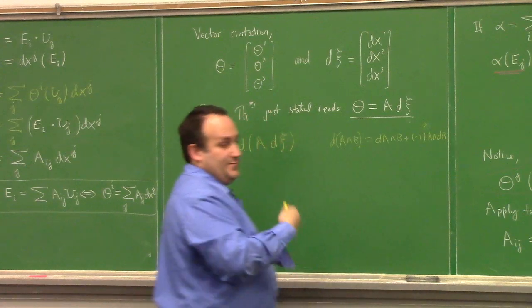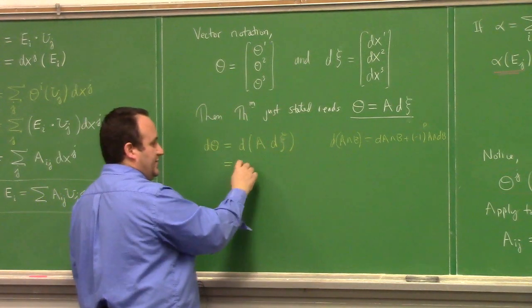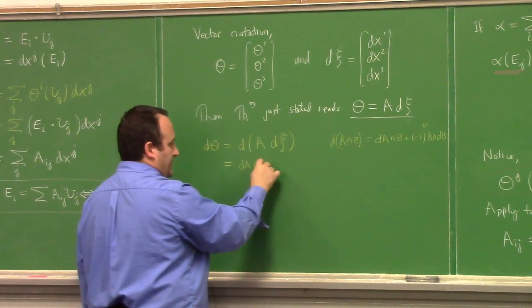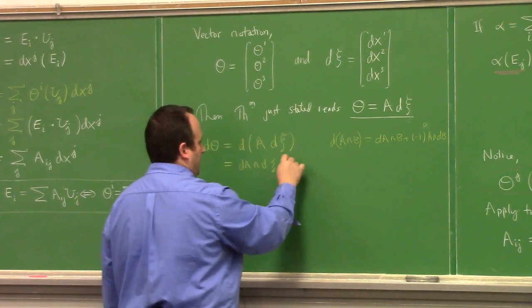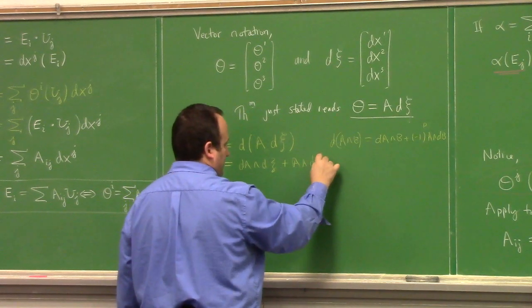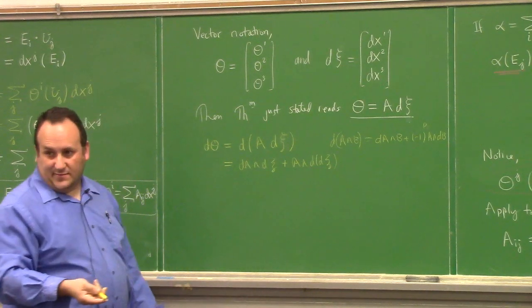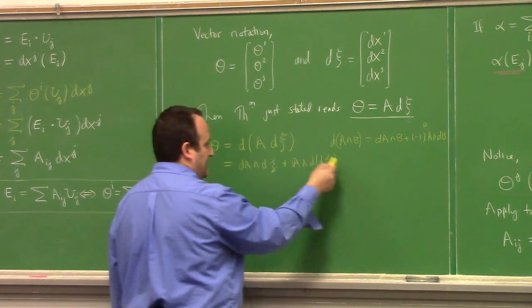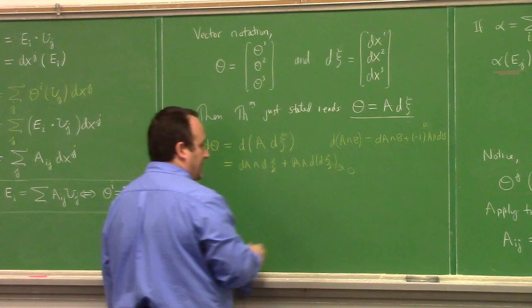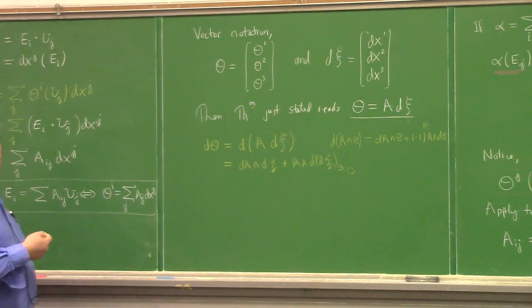So I'm saying that applies here. With that rule, this becomes dA wedge d zeta plus A wedge d squared zeta. But there's almost no need to write that, because of the d squared equals 0 rule. So we just have dA wedge d zeta.